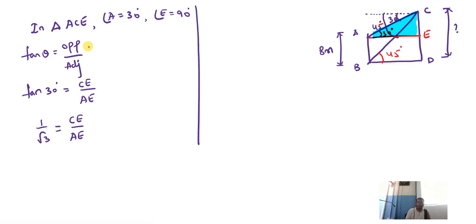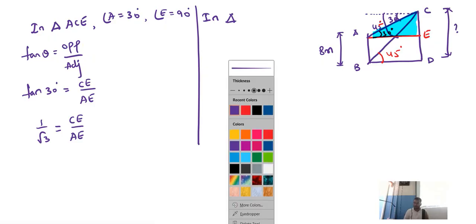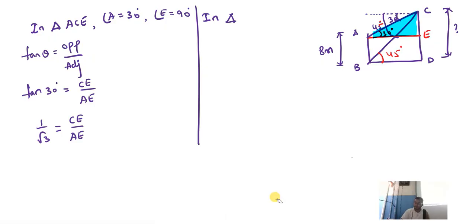Then I'm going to draw one line here and take one more triangle adjacent to it. Can you see the shaded region? Now I'm going to take the 45-degree triangle. In triangle BCD, angle B is 45 degrees and angle D is 90 degrees. As you can see, this is also perpendicular. Now again I apply the tan theta formula, theta is 45.